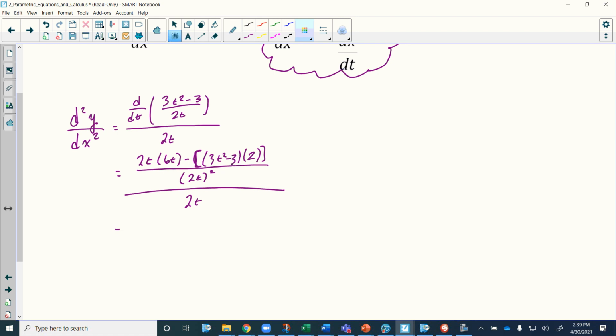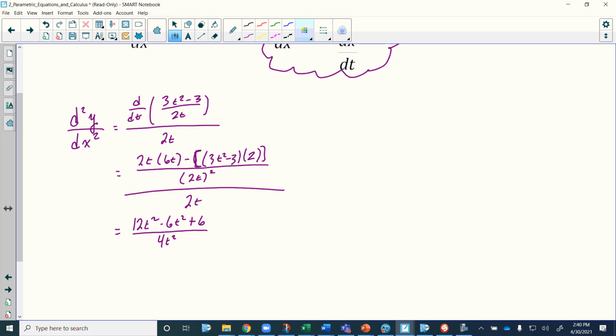So now we can simplify whatever we can in the numerator. So simplifying the numerator, I'm going to wind up with a 12t squared minus a 6t squared plus a 6 over 4t squared.